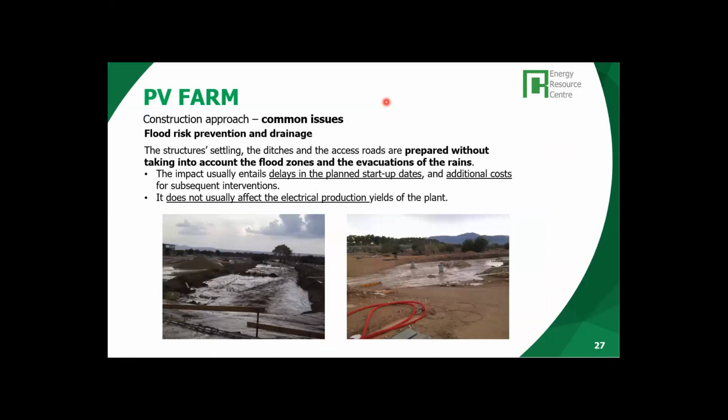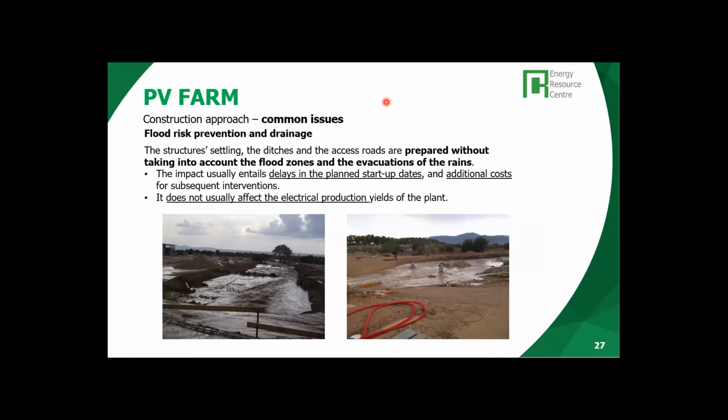So, after the structural and the civil works that are of concern, you can see here the magnitude of these elements. The second aspect that we mentioned is the drainage.